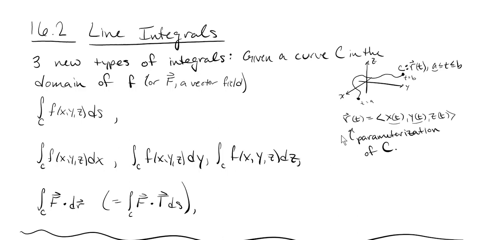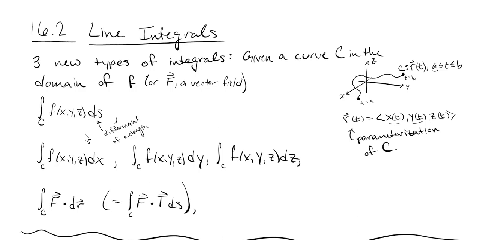So the three types of line integrals we want to look at, integrals over a curve C like this, are this first type where we take the integral over that curve of our function with respect to ds, line integral of f with respect to ds, which you'll remember from earlier on in the term. This is the differential of arc length.